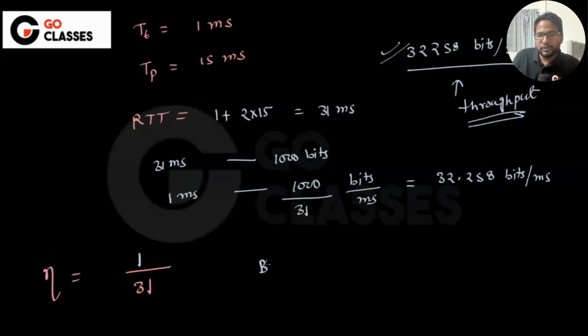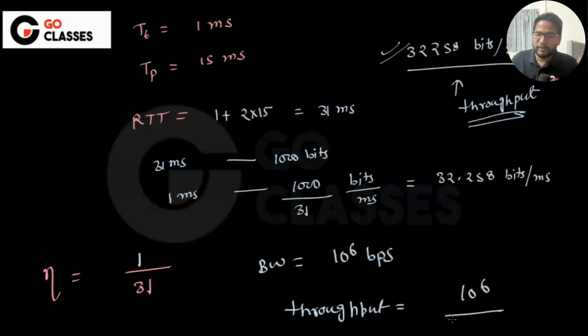And now what is the bandwidth? Bandwidth is 1 Mbps, 10 to the power 6 bits per second. So what is the throughput? Throughput is bandwidth into efficiency, which means this. If you do that, then what you're getting?